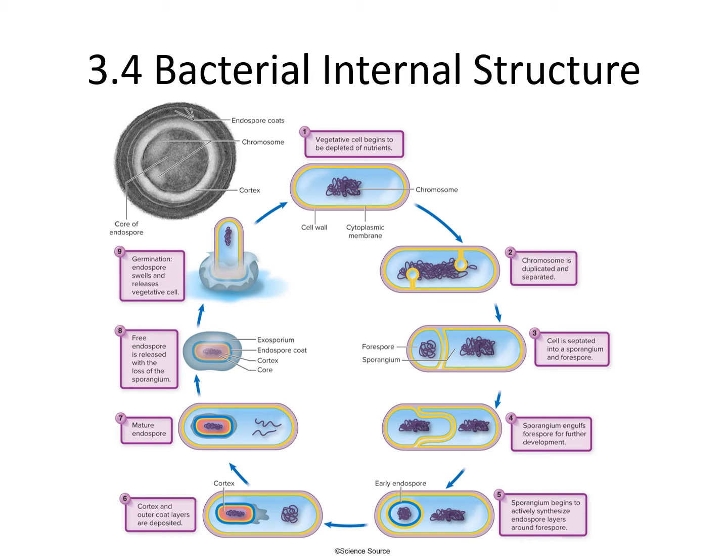Once the endospore is formed, the vegetative cell dies. Chromosome breaks down, the cell wall breaks down, and all you're left with is a spore. That spore is metabolically dormant. Nothing is going on in it. No making, no breaking, no metabolic activity whatsoever.